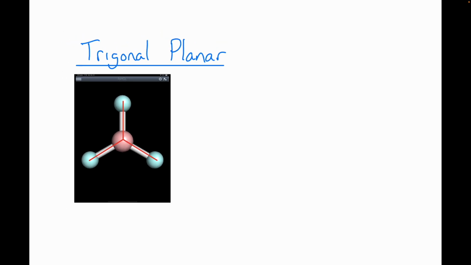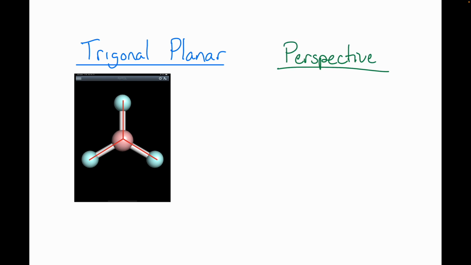All right, so again, our perspective drawing of a molecule that's trigonal planar is just going to have these three straight line bonds. Okay?